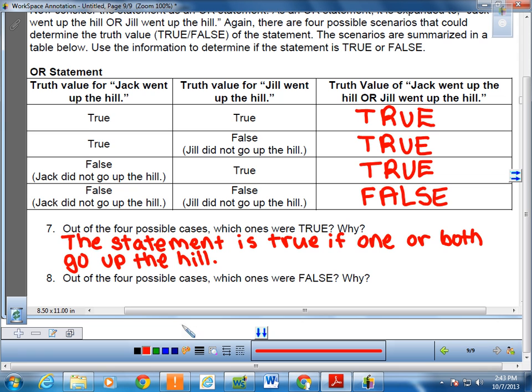Out of the four possible cases, which ones are false and why? The statement is false when neither go up the hill.